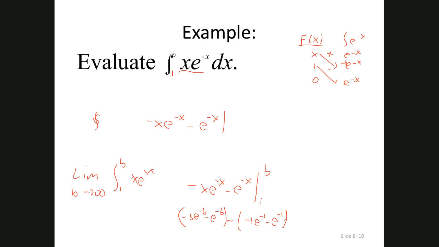Then if I plug in infinity, because this is the limit as b approaches infinity, you're going to see that this becomes 0 minus, well, this is going to be negative 1 over e minus 1 over e. So that's going to be negative 2 over e. But that has a minus sign in front, so that should be a positive. So positive 2 over e.